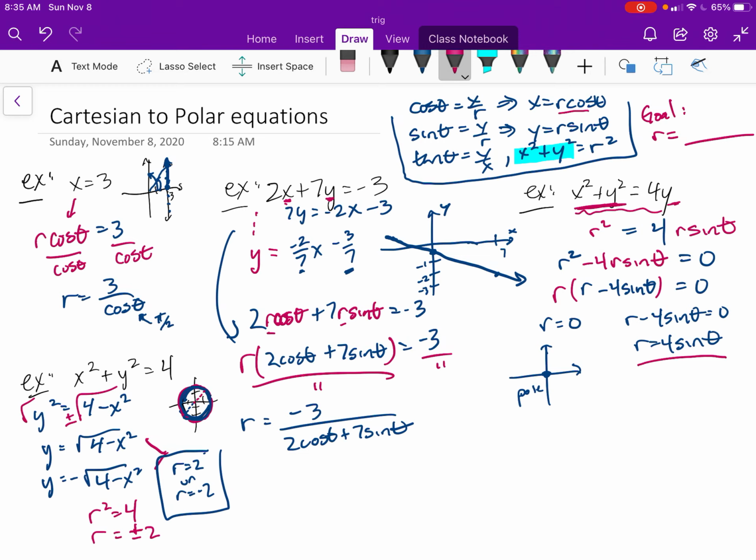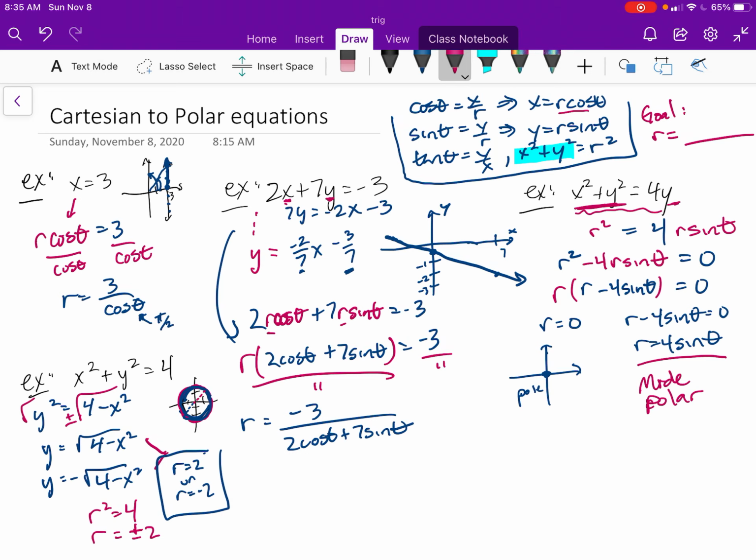Most often, though, we use technology to graph polar equations because they become really quite complex, and they really look amazing too. If you have a graphing calculator, go into your mode and change it to polar and try graphing this. Or GeoGebra, it does accept polar coordinates as well.